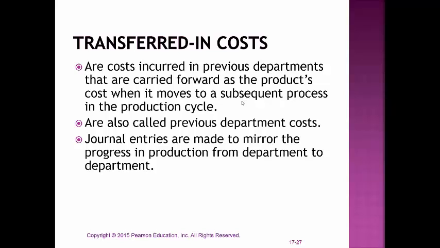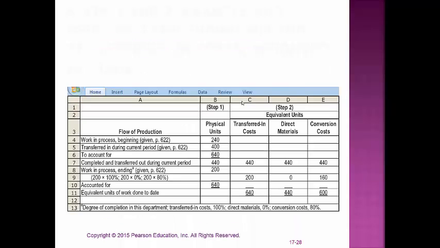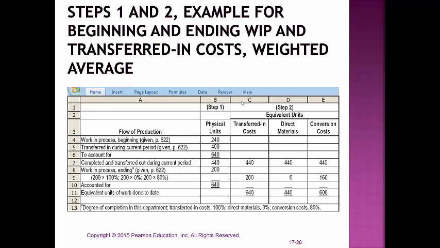Again, we're mirroring the production process with our journal entries. So we're trying to make our financial statements match what's actually going on in our production departments or within our manufacturing facility. Our transferred in cost would have a line item as well.